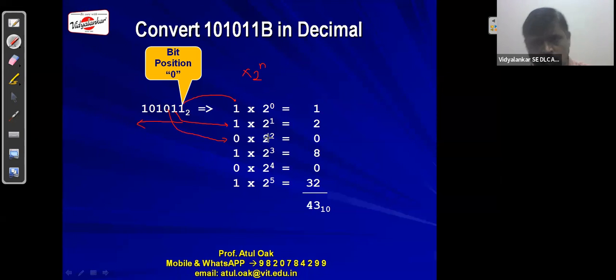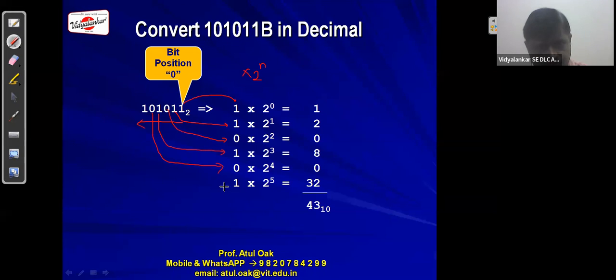So I will multiply 2 raised to 2. But 0 multiplied by anything, result is always 0. Then we go to the next bit. Its position is 3. So I will multiply 2 raised to 3. Result is 8.